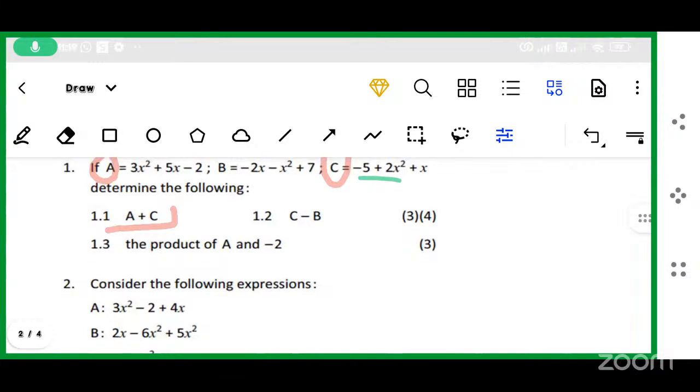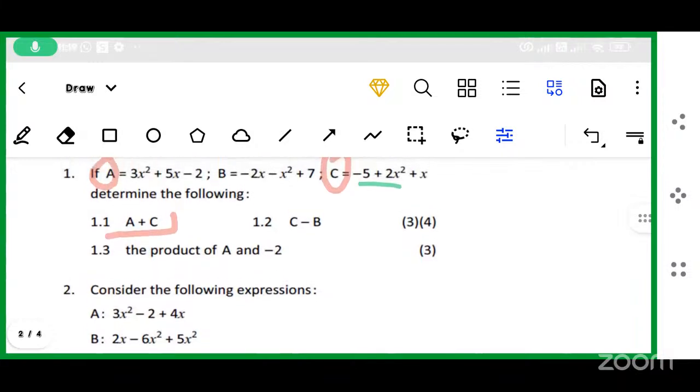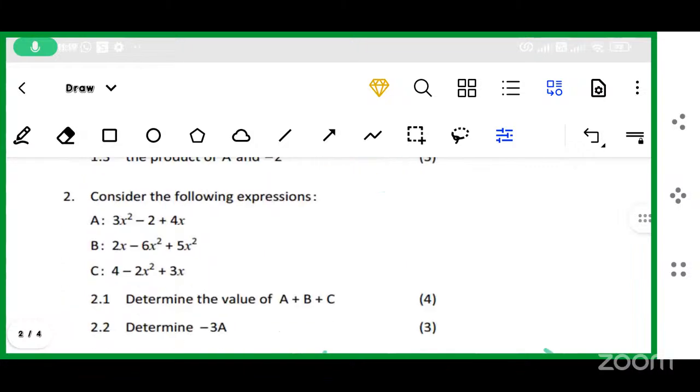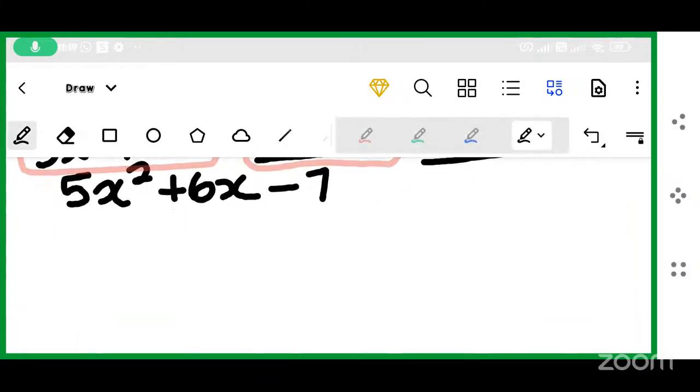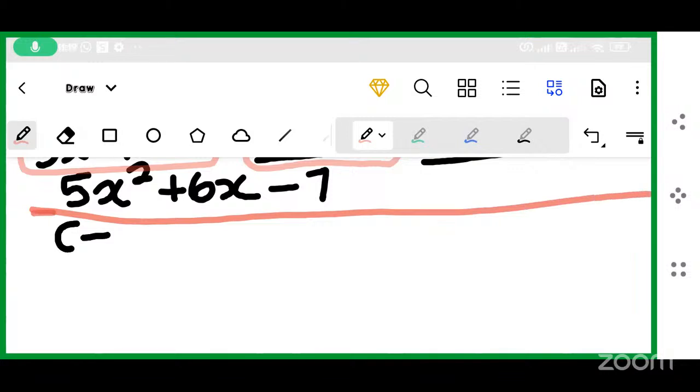Or let's just do 1.2. 1.2 says C minus B. So we just write our C minus our B. Let me just draw a line here so that we show that we're dealing with C minus B, which is 1.2.